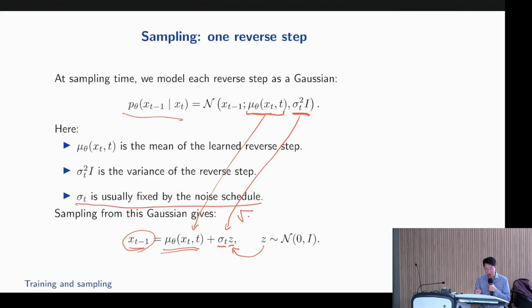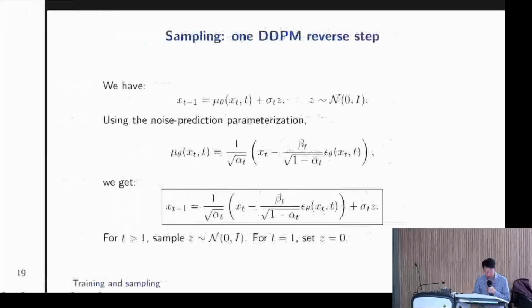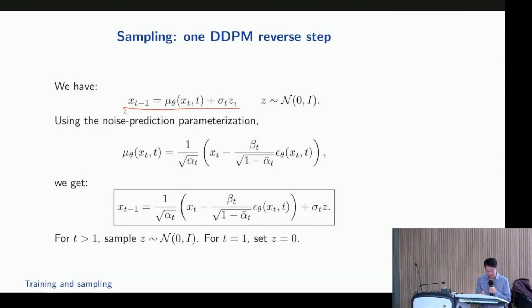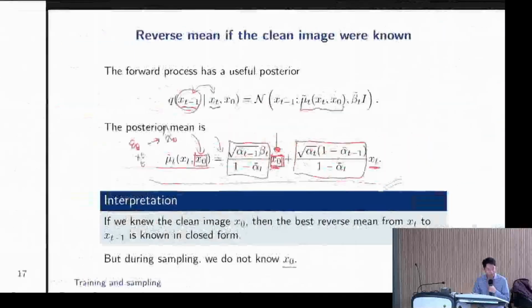So this allows us to sample xt minus 1 given xt and the trained network epsilon. Okay? So that's this line here: sampling from p theta of xt minus 1 given xt.